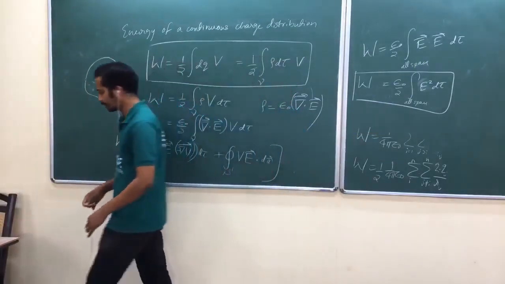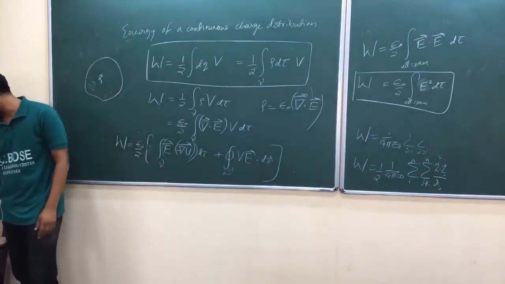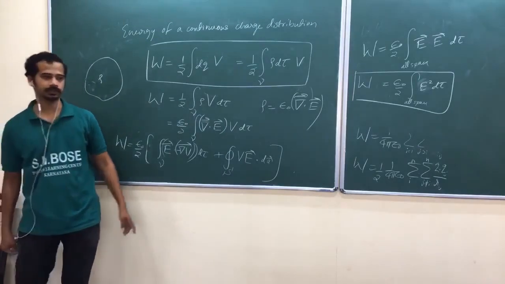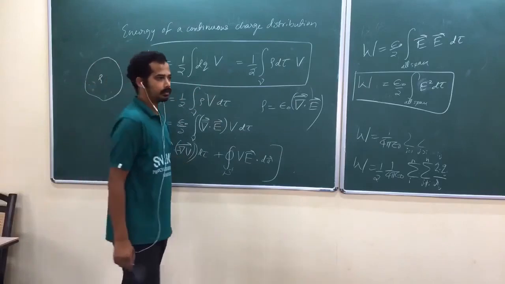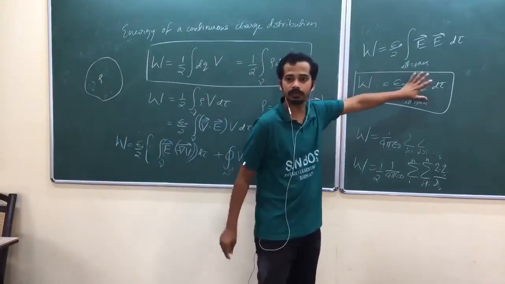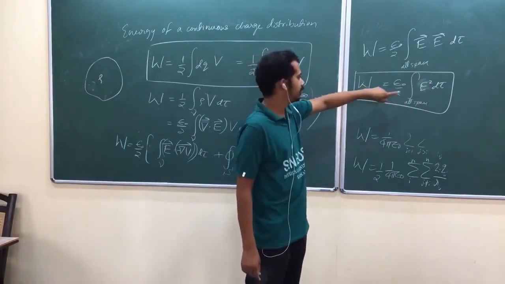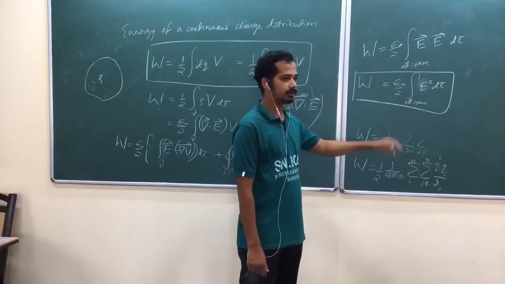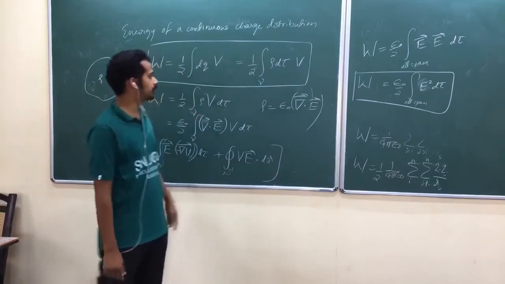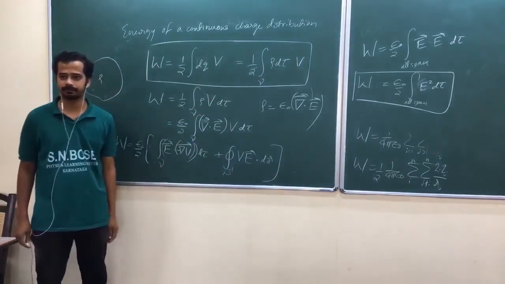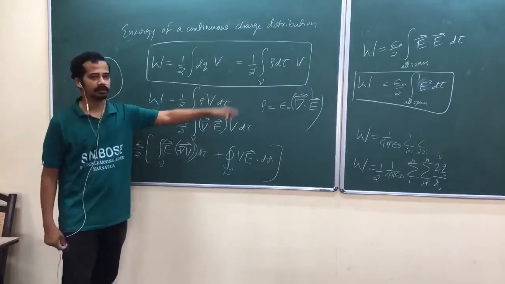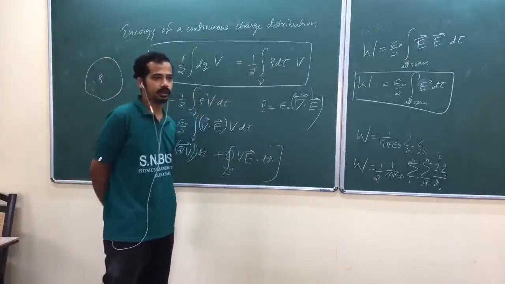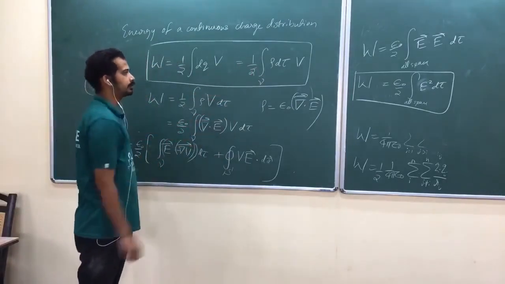Just see his comments on this one. Again, I'll not go a little deeper here because we will get many inconsistencies. So now this is always positive. E square of the vector field and d tau volume integral, that's always positive, but this can be either positive or negative. Suppose rho is negative, then there may be some situation.